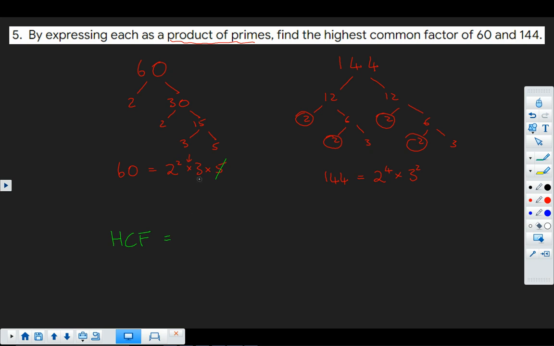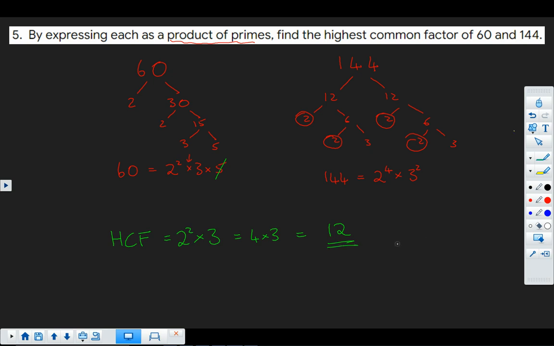When we look at 3, we can see that 3 appears once here, it appears twice here. So we can only use it once. And we've got 2 squared here, 2 to the power 4 here. So 2 squared is common. So my highest common factor is 2 squared times 3, which is 4 times 3, which is 12.